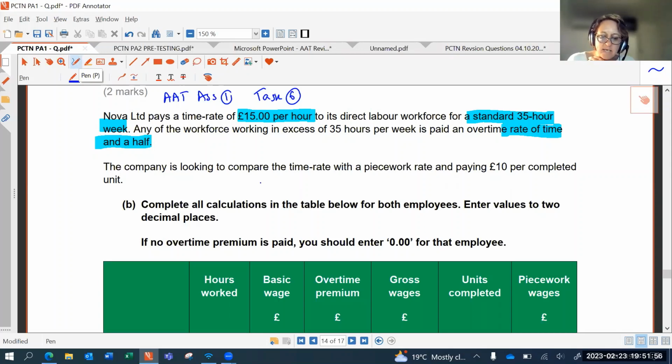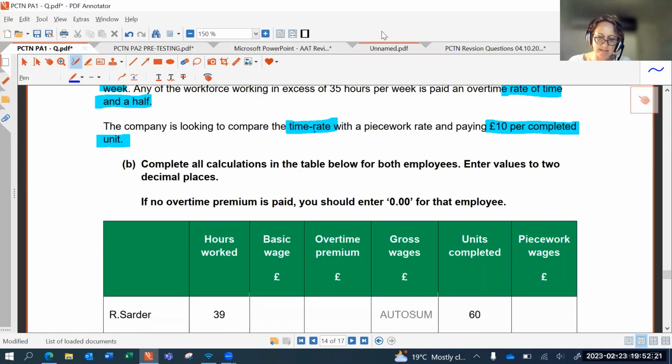The company is looking to compare the time rate, which we've just discussed, with the overtime of time and a half, with a piecework rate, which would be £10 per completed unit. There's no mention of any guaranteed minimum. So we just assume the piecework rate is just £10 per unit, full stop. So complete the calculations in the table below for both employees, entering the values to 2 decimal places.